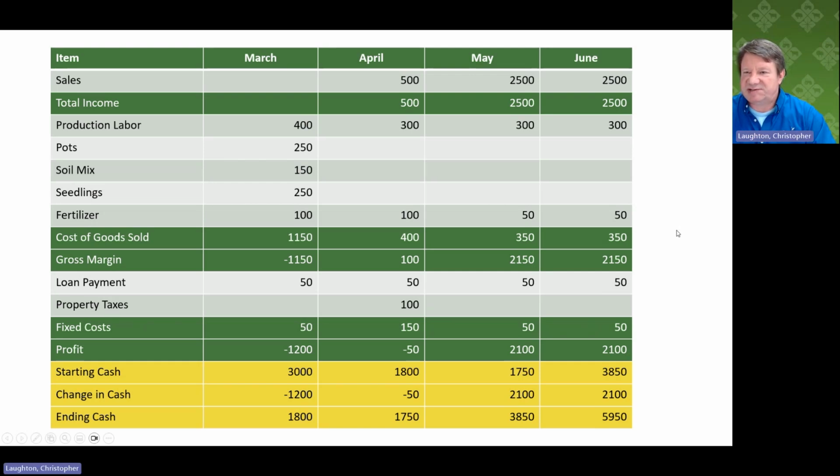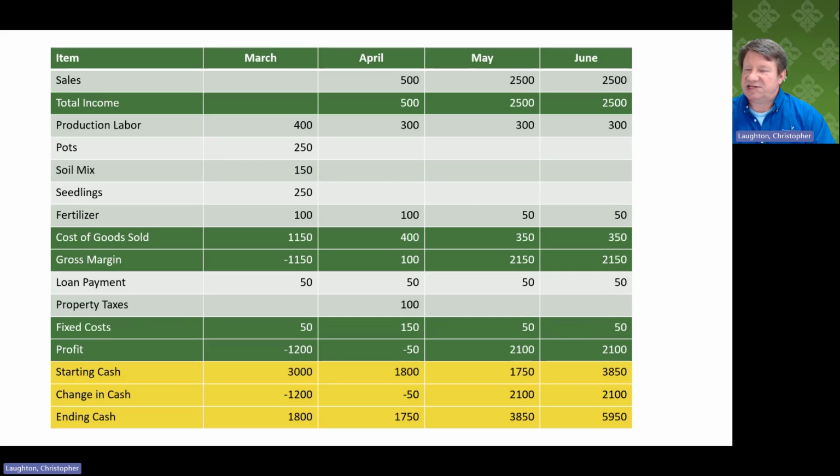Of all the statements, I would say the balance sheet is important for tracking your financial position. And it's very important for lending purposes, for credit purposes. The income statement is how you track your earnings, and it's very important for your tax filing.